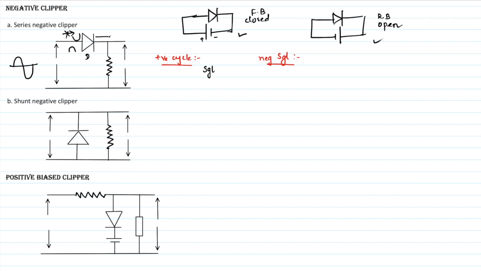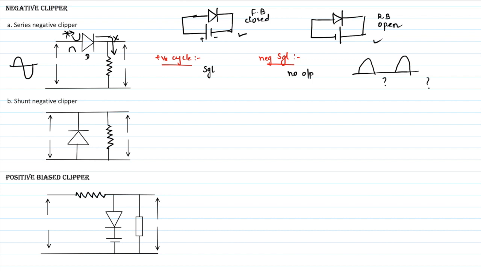When no current flows across diode, obviously no current will flow across the resistor, so you will not get output. So now positive signal yes you got and no negative signal. Again positive signal you will get, again no negative signal. So this is a negative clipper where the negative portion of the entire signal will be removed.